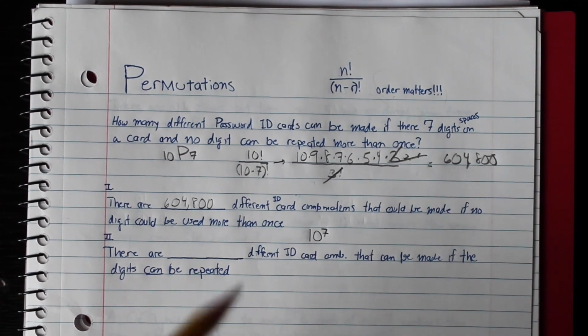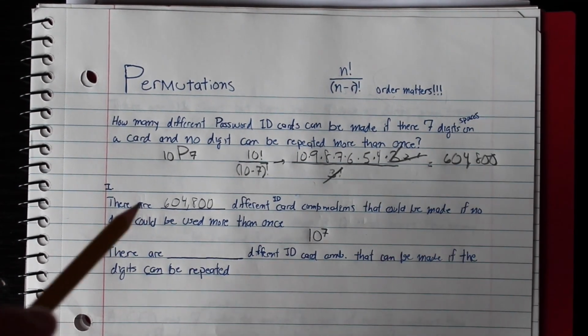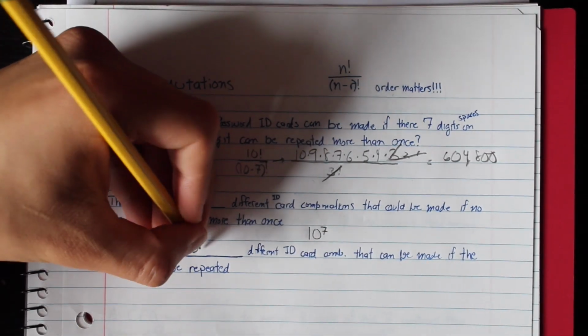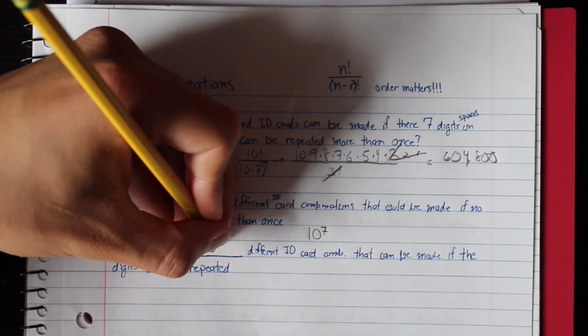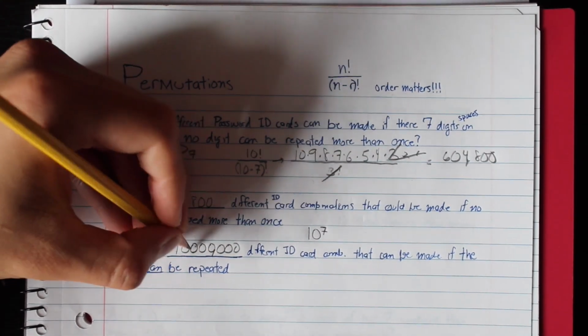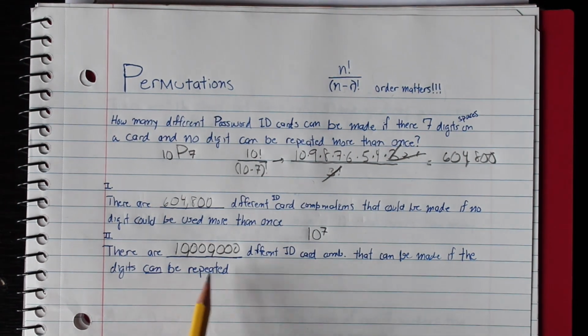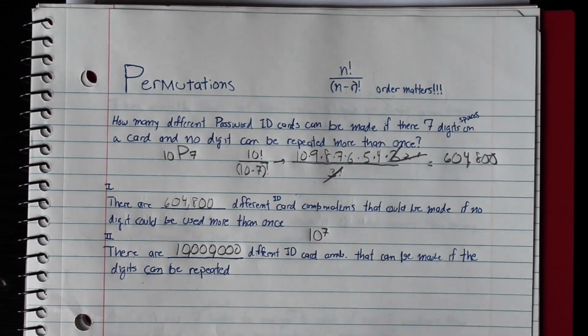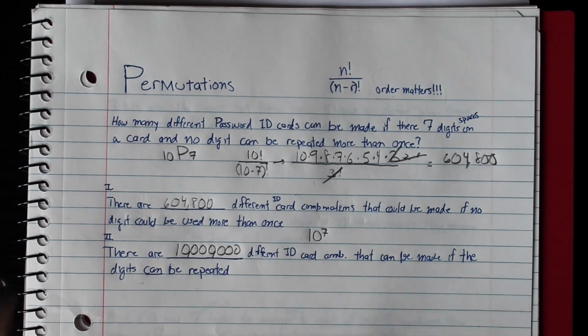If it's 10 to the 7th power, it's 10 times 10, 7 times. I just know it's 7 zeros, so it should be 10 million different ID card combinations if the digits can be repeated. So if you're ever asked this, repeating is going to be much better for your security.